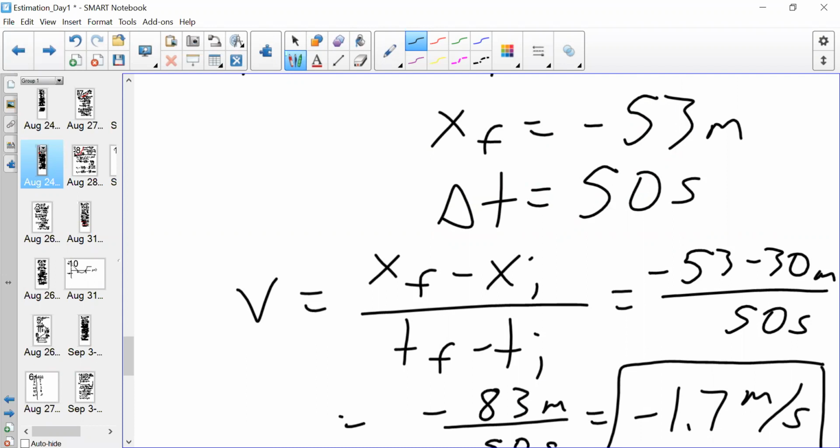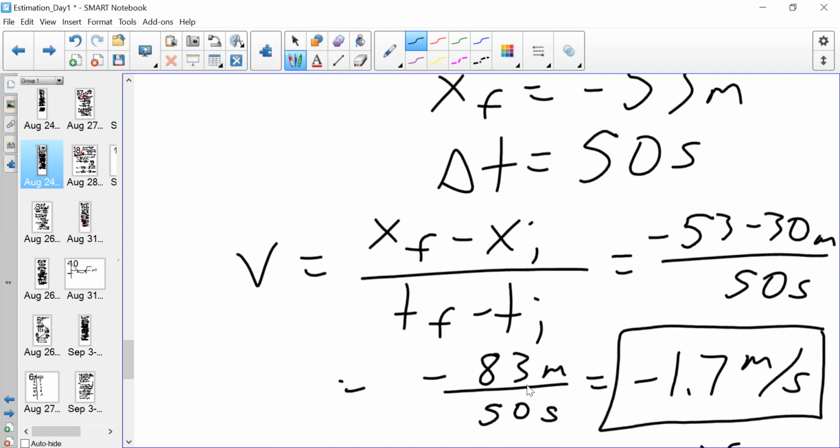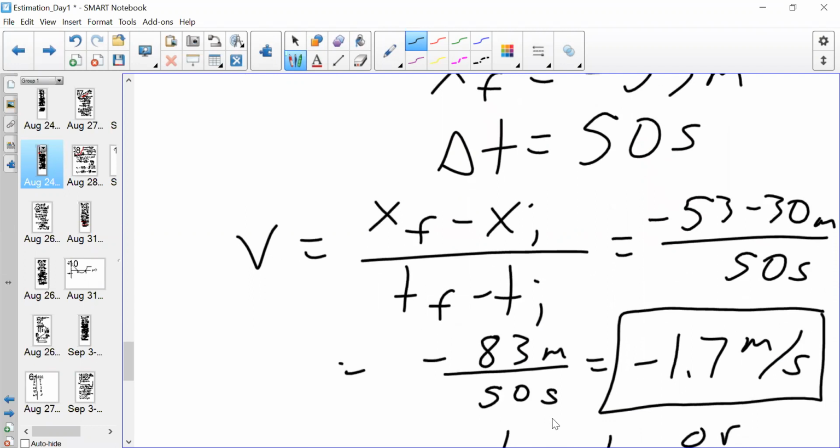Negative 53 minus 30 over 50, negative 83 over 50, negative 1.7 meters per second. That means that my car travels towards the west at 1.7 meters per second. That's the rate of change of position. That's how much position I've changed every second. Every second, I've changed 1.7 going west.